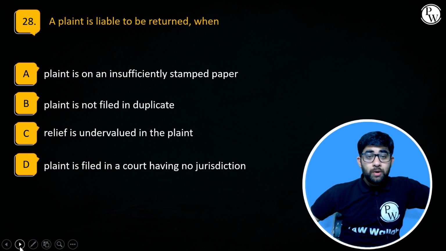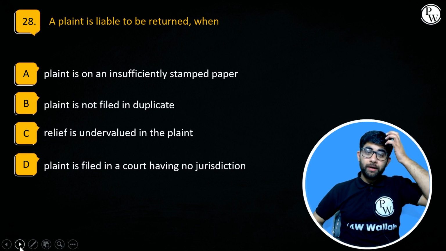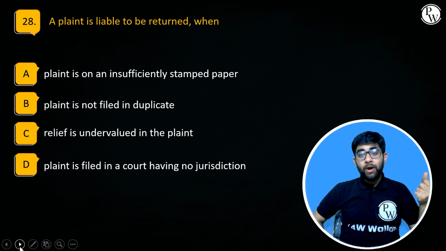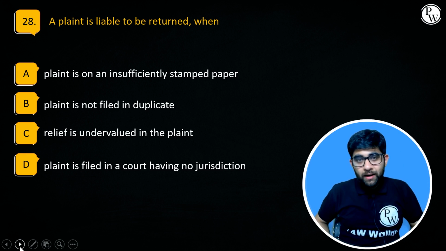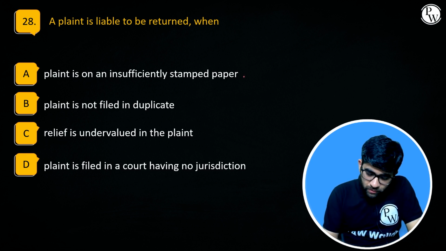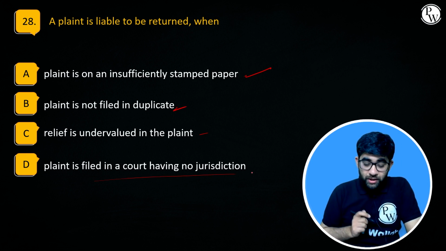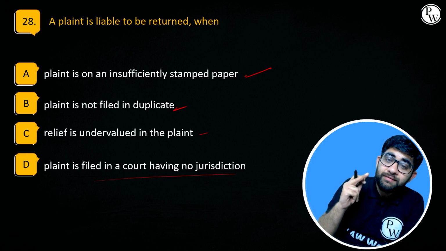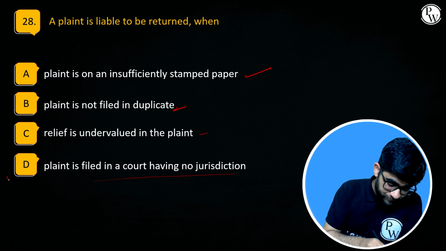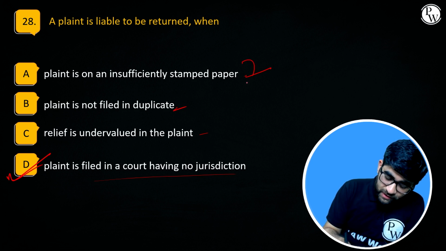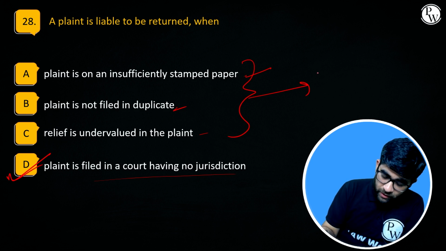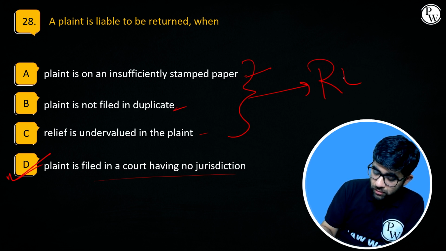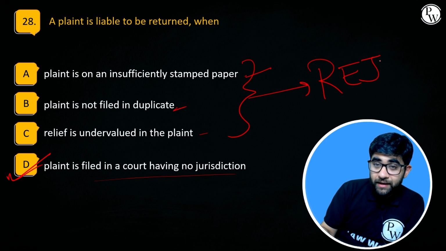Right. 28, a plaint is liable to be returned when the plaint is on insufficiently stamped paper, plaint is not filed in duplicate, relief is undervalued in the plaint, plaint is filed in a court having no jurisdiction. It has to be returned. Now the funda is the plaint is filed with no jurisdiction. In these cases, the plaints are returned, not rejected.